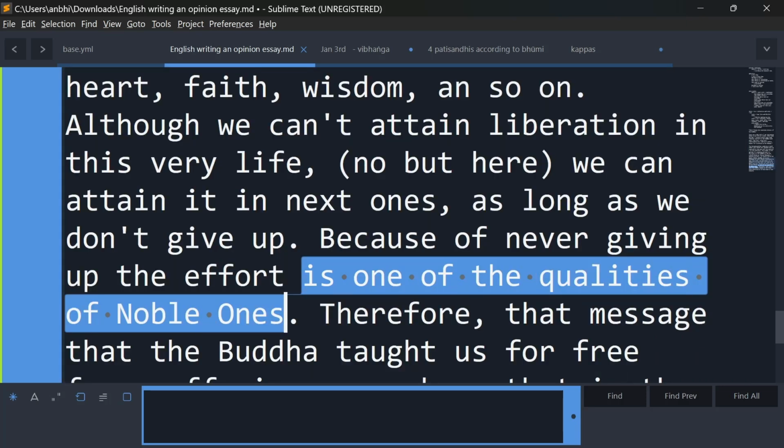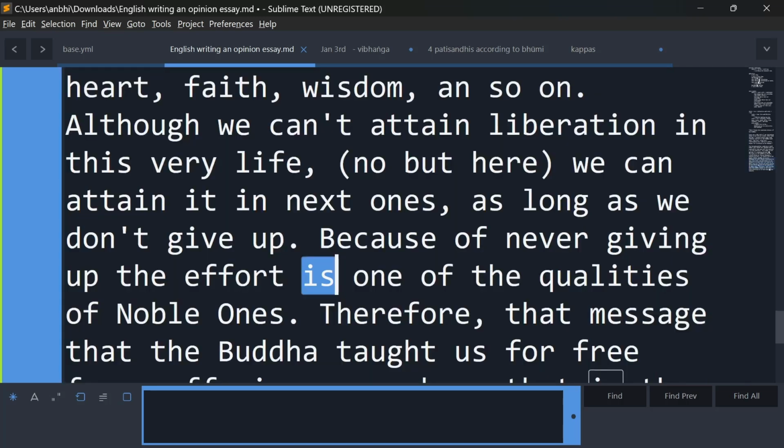Yeah. But now let's fix the beginning. So this is okay. Is one of the qualities of noble ones. Okay, if you look at the verb "is," you ask, what is one of the qualities, right? What? Then you will get the subject by asking what is.